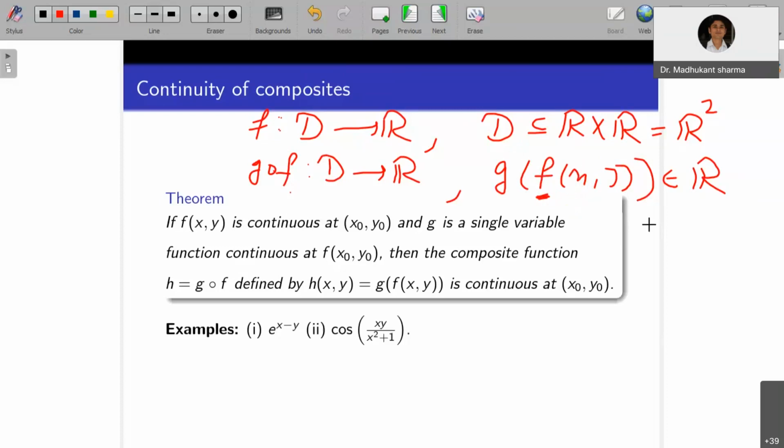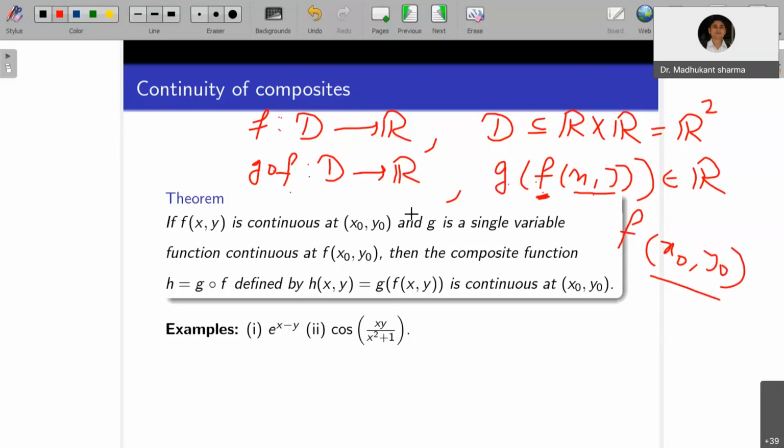This argument function should be continuous. Continuous where? At (x naught, y naught). So F function should be continuous at (x naught, y naught). Then G function should be continuous at F of (x naught, y naught). Then the composition together will be continuous at (x naught, y naught).